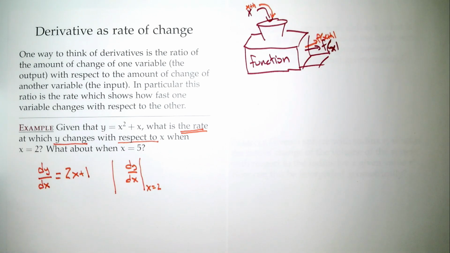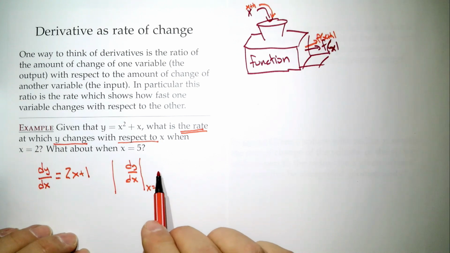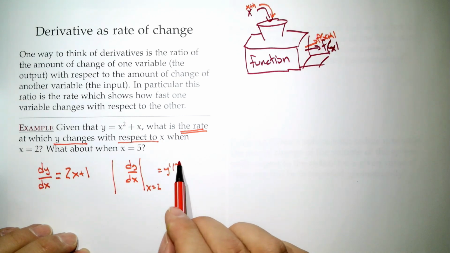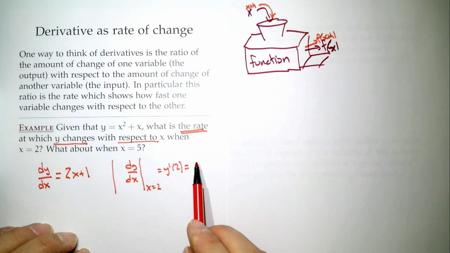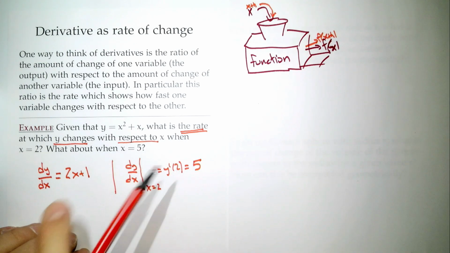This is one way to write this notation. You could also have written this, for instance, as y prime of 2. But in either case, they both represent what happens at the specific value of 2. The answer is 5, because you take 2 times 2 plus 1.